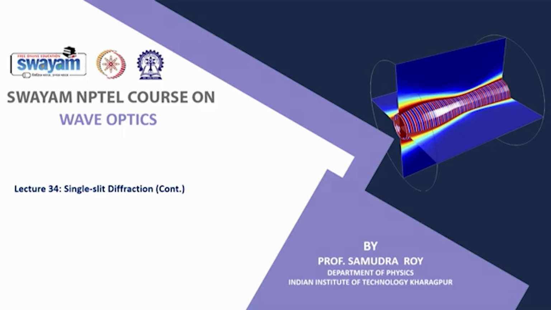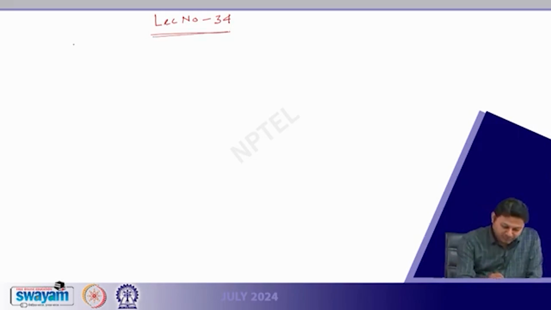Today we have lecture number 34 and in this lecture we are going to continue with the single slit diffraction problem. In the single slit diffraction problem, we already derived that we have a single slit pattern.